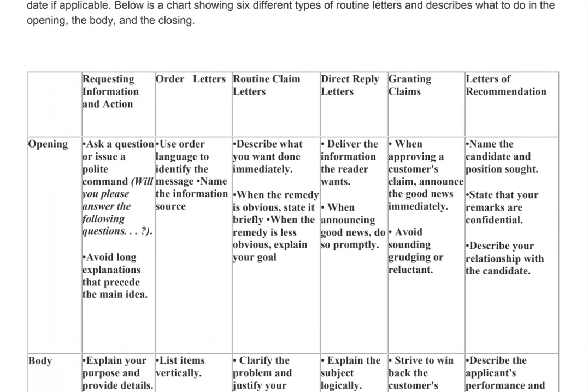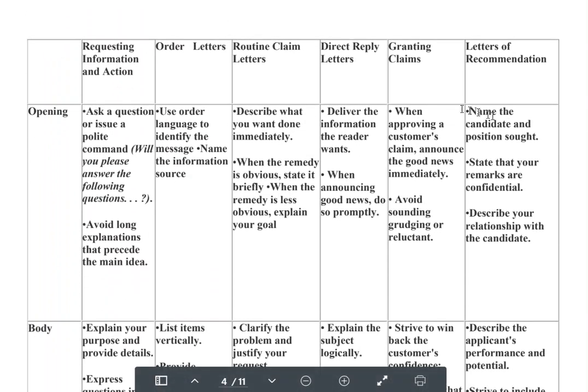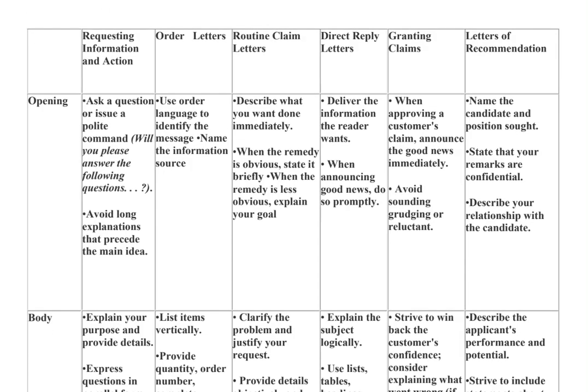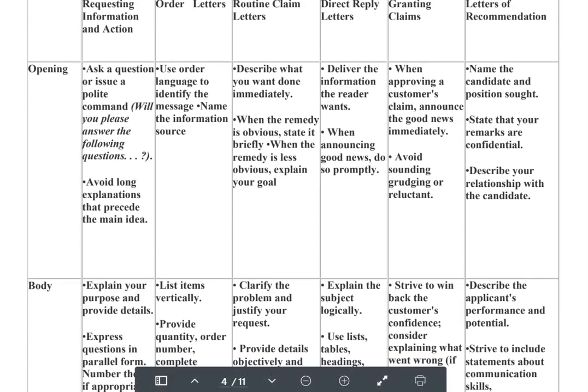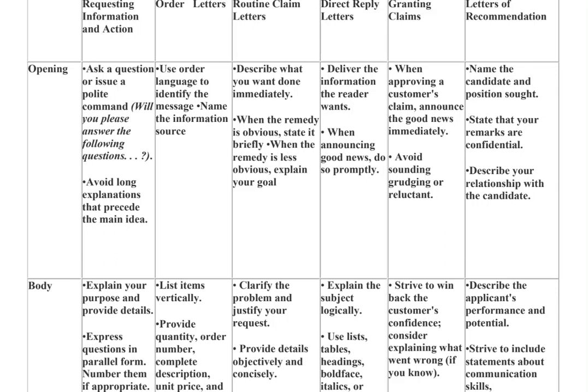I list different types of letters here: requesting information and action, order letters, routine claim letters, routine reply letters, granting claims, and what you would do in that first paragraph. So in the first paragraph for requesting information, you would ask a question or issue a polite command. Will you please answer the following questions about your business for me? And then you have a list. You might say, I'm the event coordinator, and we're having this type of event with 300 people, all socially distanced, of course.